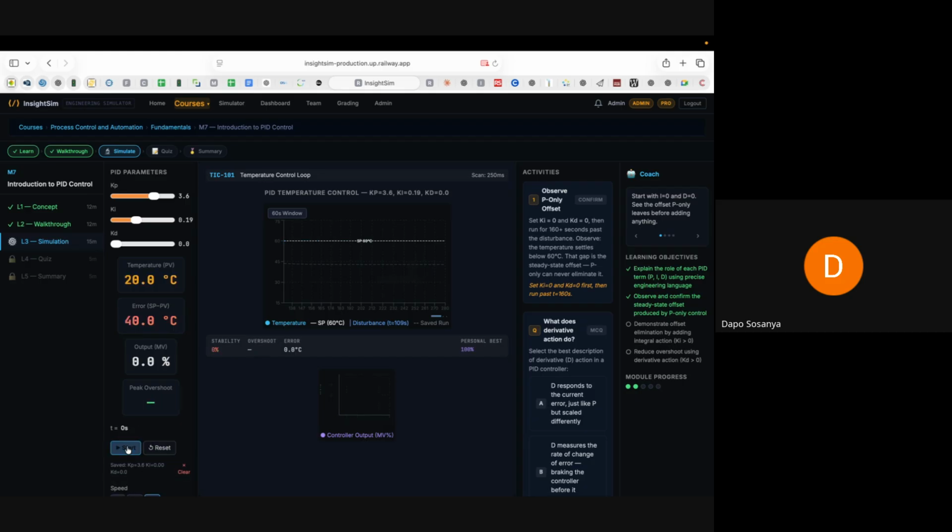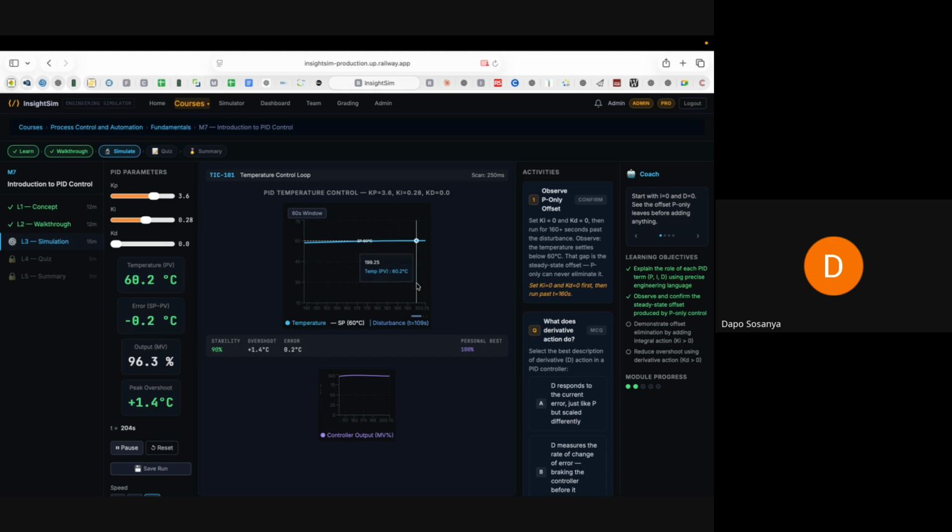So let me reset. Let me clear this. Now, let me increase this. I want us to see that oscillation. So observe the process variable. It goes above the process, that overshoots, then it drops, then goes above, right?